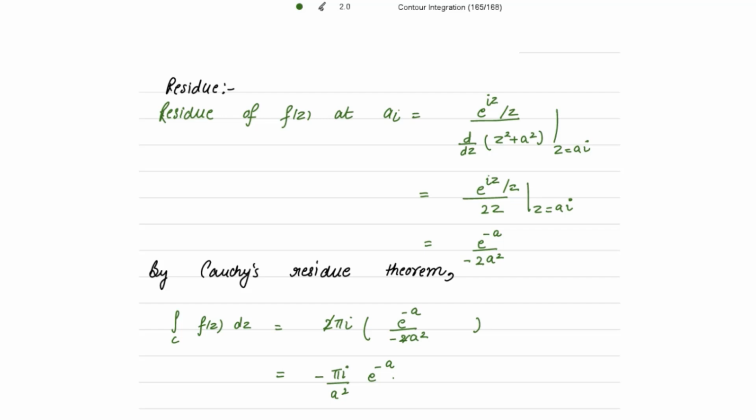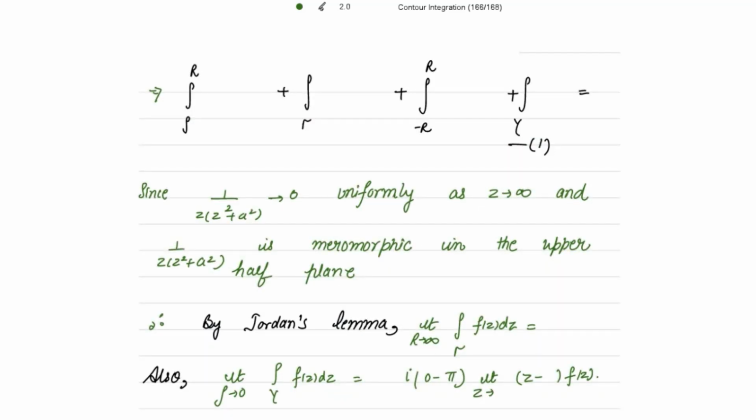And now let's split up this contour C into the 4 parts, right? First is from rho to r, and because it is on the real axis, I'm writing f(x) dx. And then the semicircle tau in the upper half plane, for that I have to use f(z) dz.